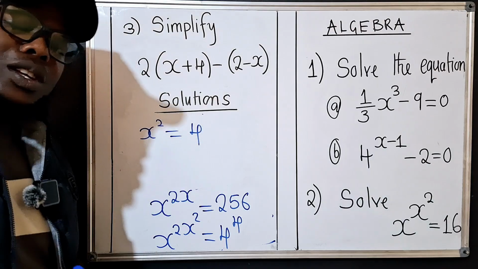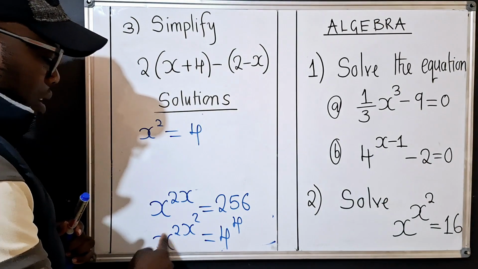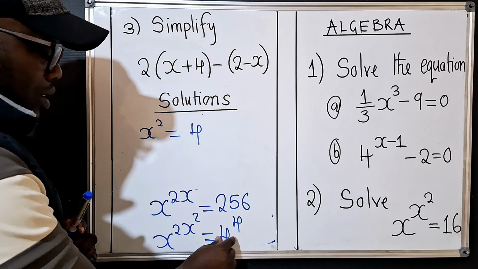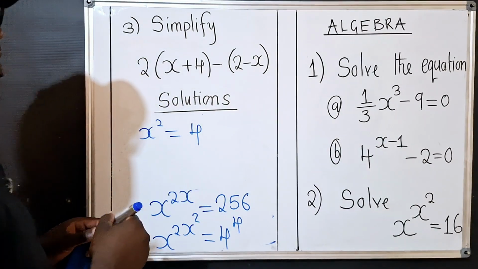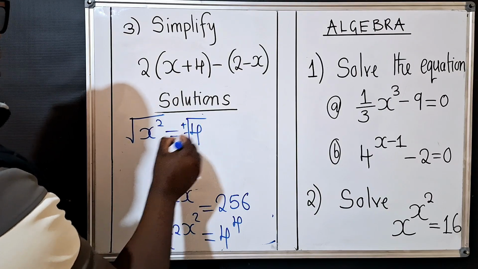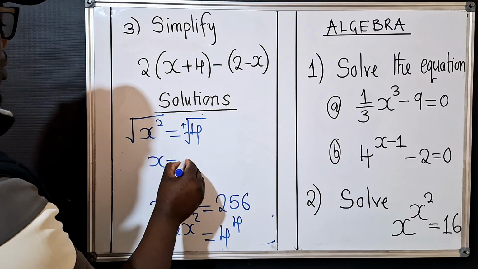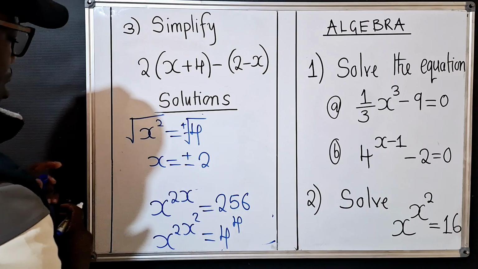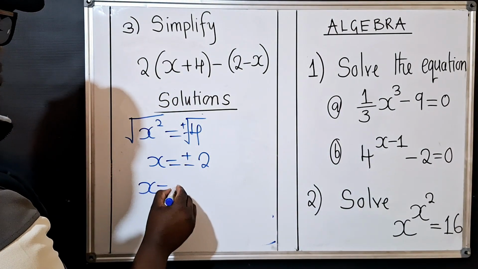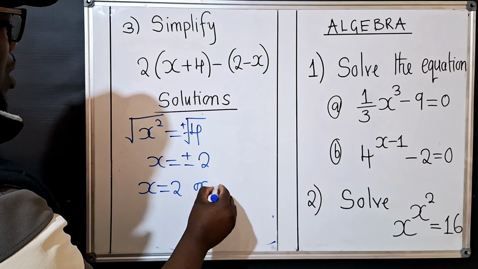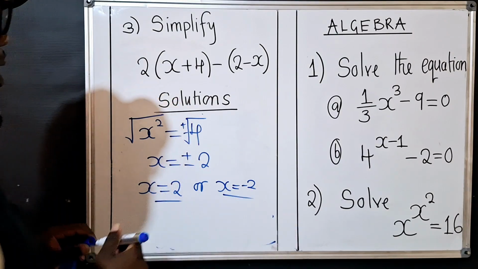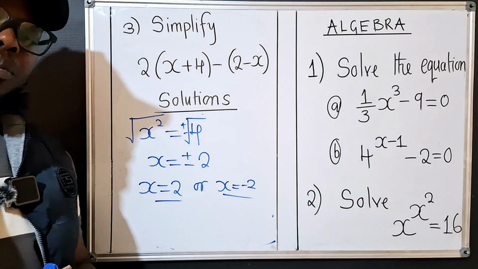The moment you see that the base here is equal to the power and also the base equal to the power, just get this base equal to this base, which is right here. And to solve for x, we square root both sides. So this will simply be equal to x is equal to positive or negative 2, of which we can write our answers as x equal to 2 or x equal to negative 2. So these are the two answers.